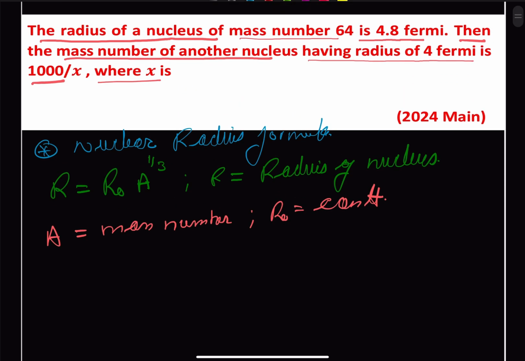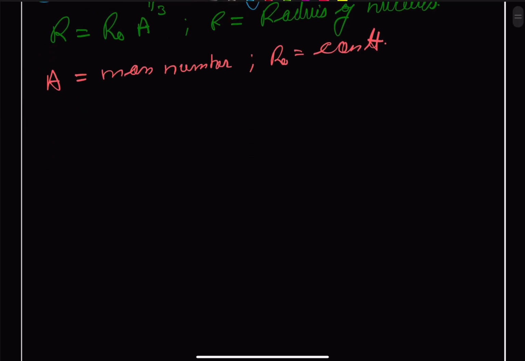So in this case, we have two nuclei. Let us suppose these are N1 and N2. Nucleus 1 has radius r1, given as 4.8 Fermi, and its mass number, let us suppose, A1 is 64.